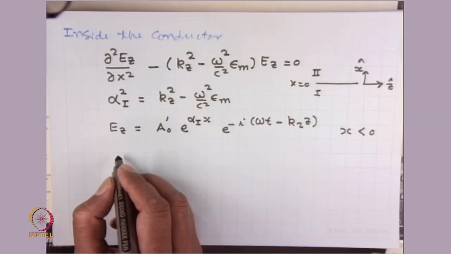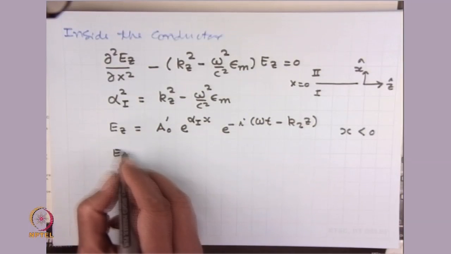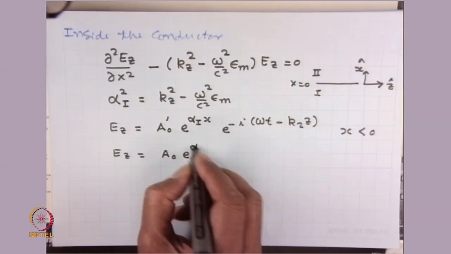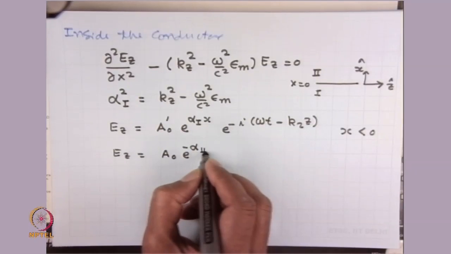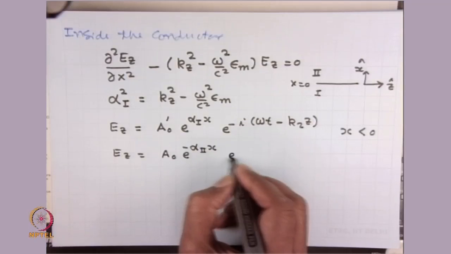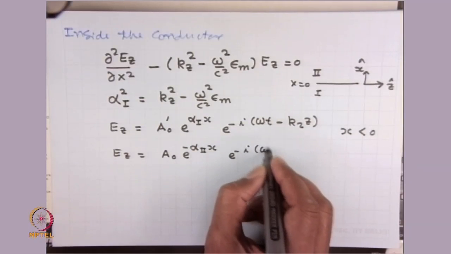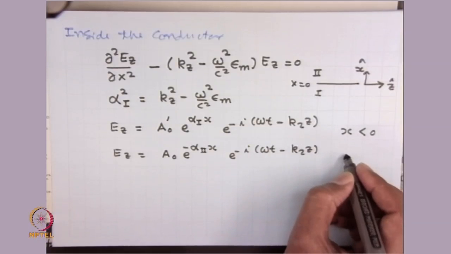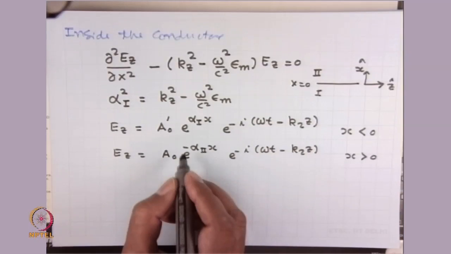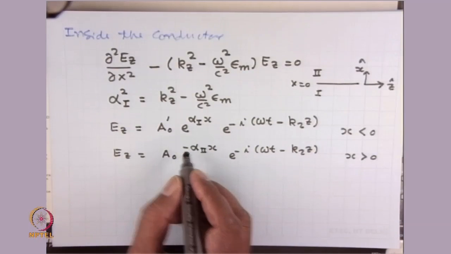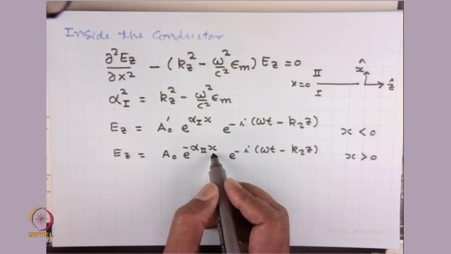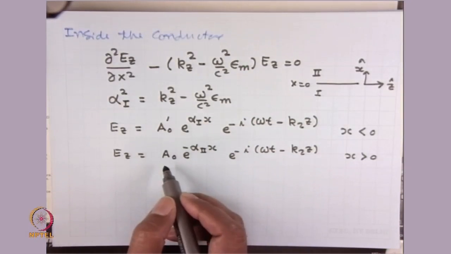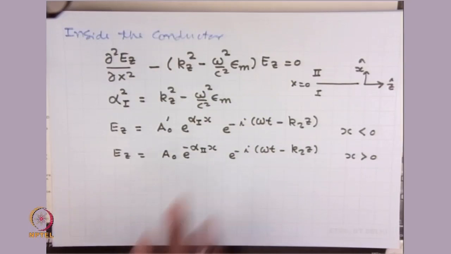For x bigger than 0, my solution was Ez is equal to A0 exponential of minus alpha 2 x, exponential minus i omega t minus kz z. This was for x bigger than 0. A minus sign is written purposely so that when x goes to plus infinity above, the field should not go to infinity, it should go to 0. This is a well behaved solution.